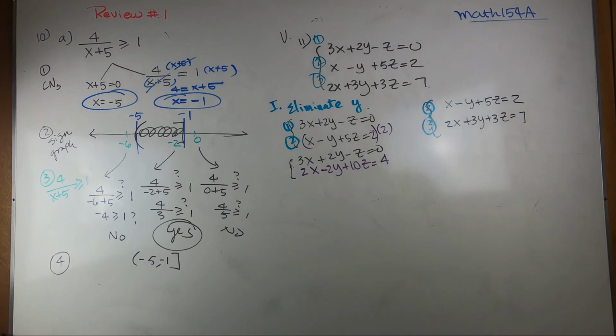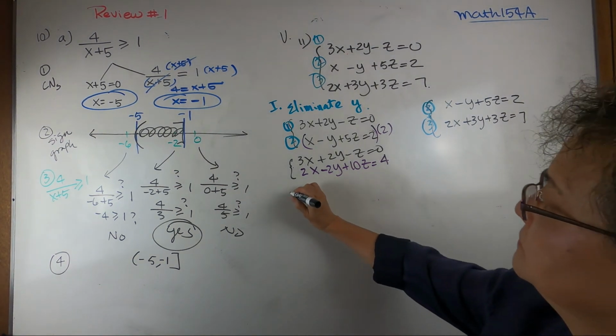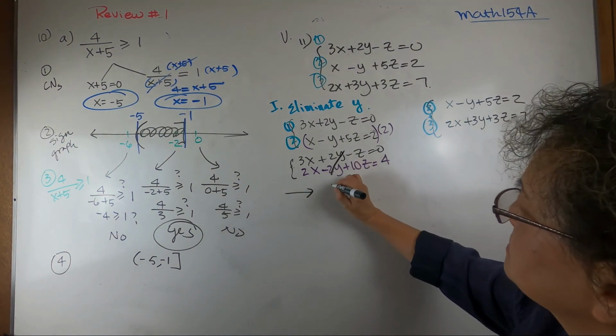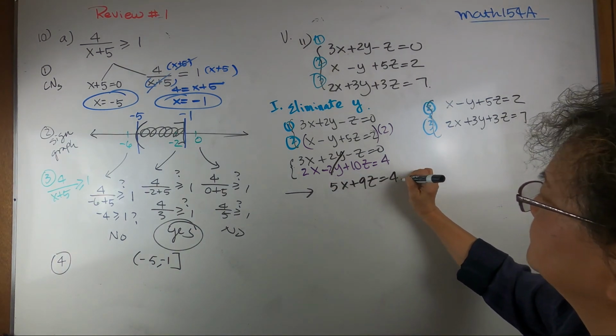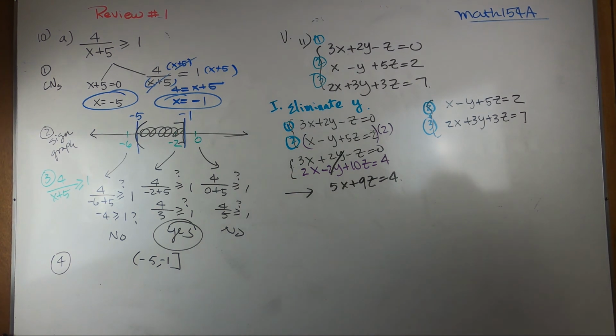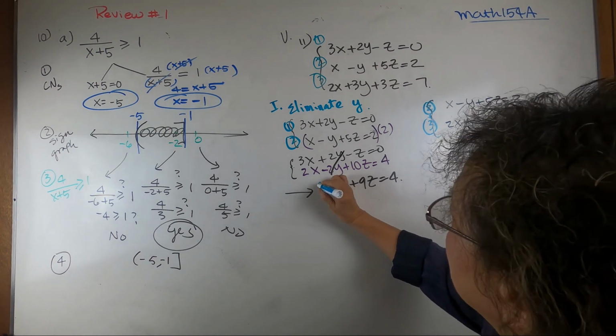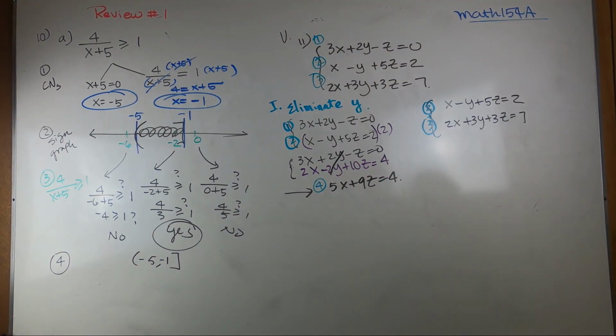So when we add it together, y cancels out. So I have 5x plus 9z equals 4. So I have a new equation. This one would be equation 4.